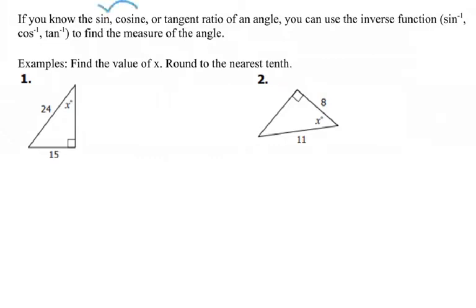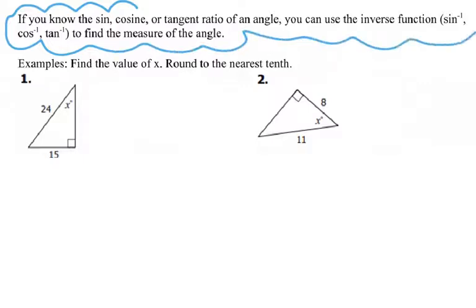Okay, so here's the main concept for today. If you know the sine, cosine, or tangent ratio of an angle, you can use the inverse function, which is sine to the -1, which we call inverse sine, cosine to the -1, inverse cosine, or tangent to the -1, inverse tangent, to find the measure of the angle.